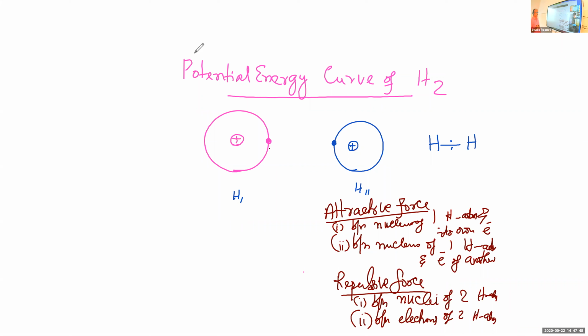One is repulsion between nuclei of two hydrogen atoms. Second, repulsion between electrons of two hydrogen atoms. So there are two types of forces here, attractive force and repulsive force.